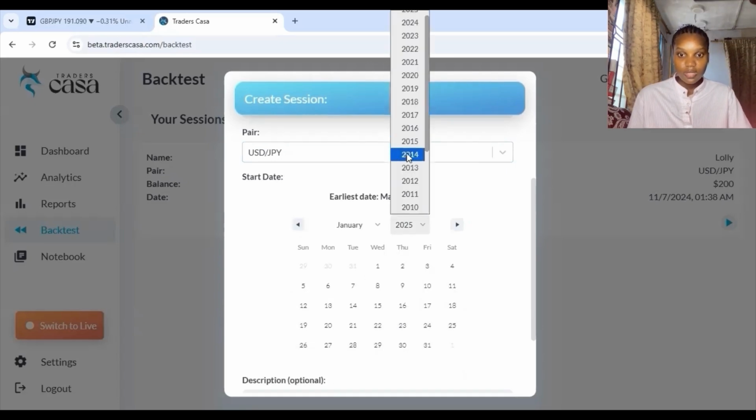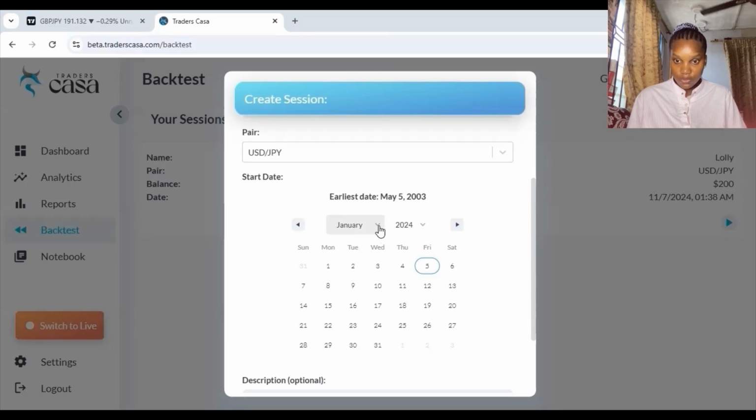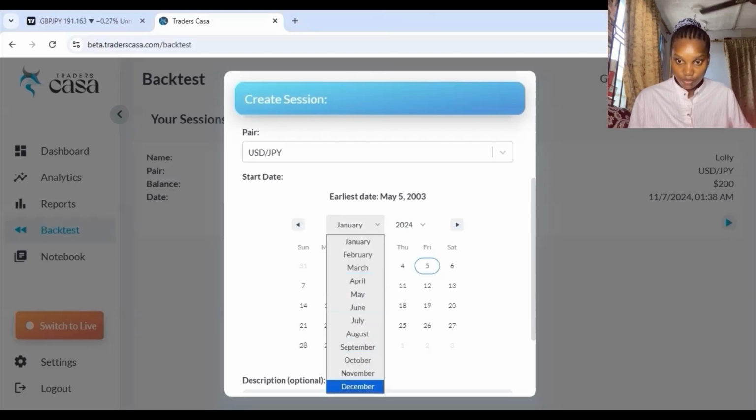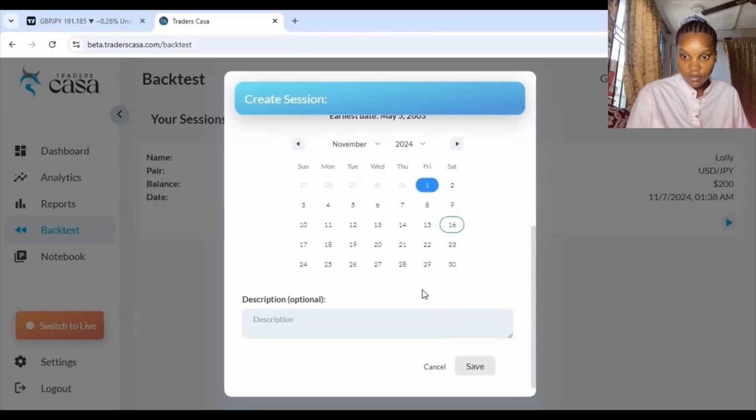I don't want us to do too much. This is January 2024, so we'll just start from October 1st. Then you scroll down, then you save.